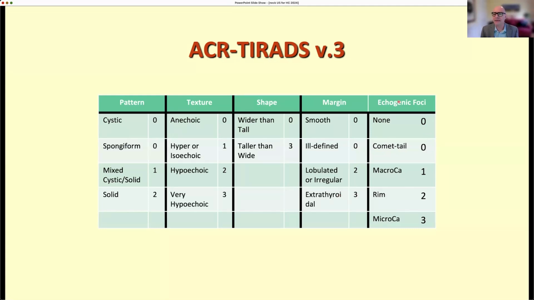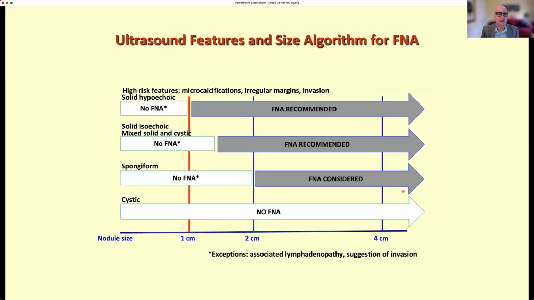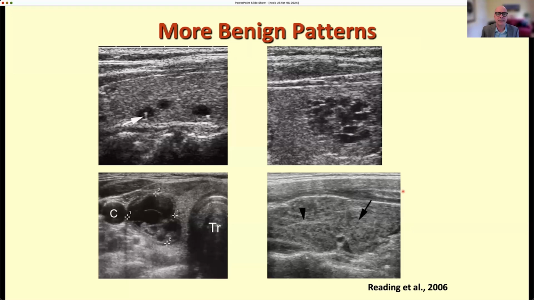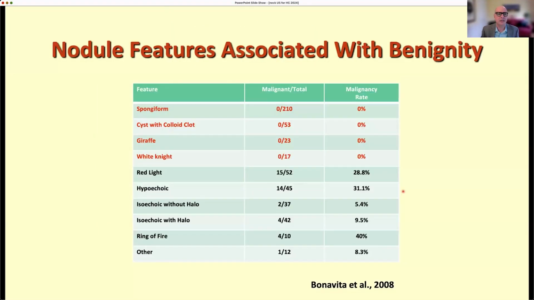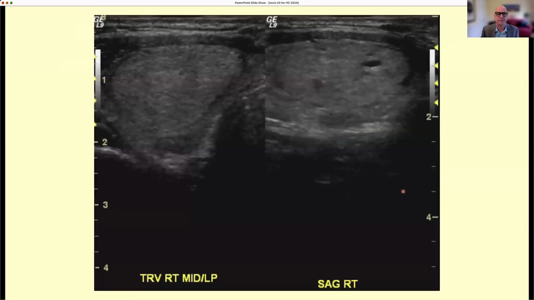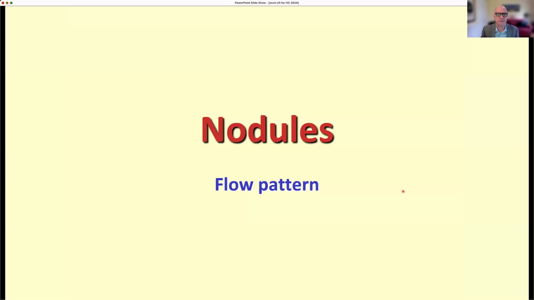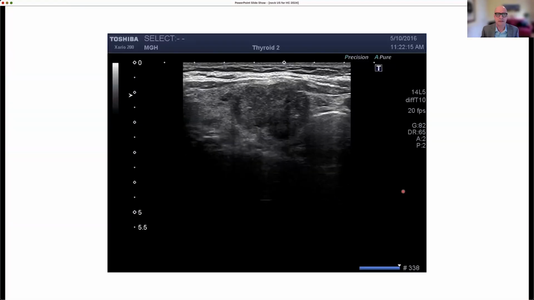And then the most important thing is the echogenic foci: microcalcification, rim calcification, and macrocalcifications are important in understanding the nodule. So there's something wrong here because I had the calcifications here and somehow I must have skipped some of these things.